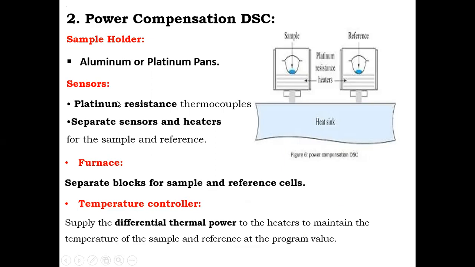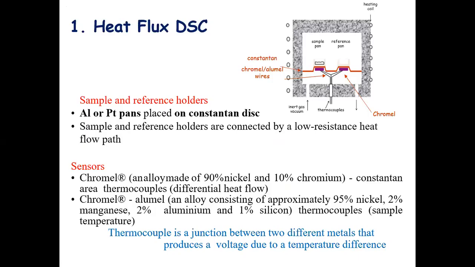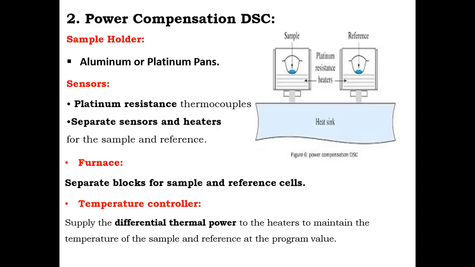And the sensors, if you observe, are platinum resistance. Earlier we talked about thermocouples like chromel and chromel-alumel, but here the sensors are different in power compensation DSC. So the platinum resistance thermocouples will be there, with separate sensors and heaters for the sample as well as the reference.